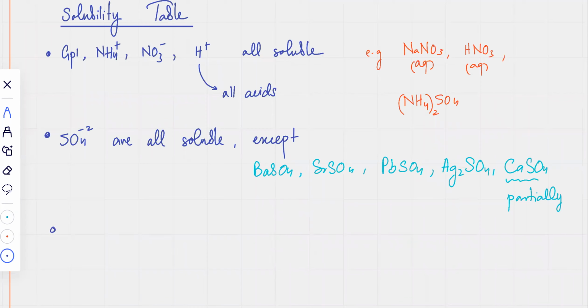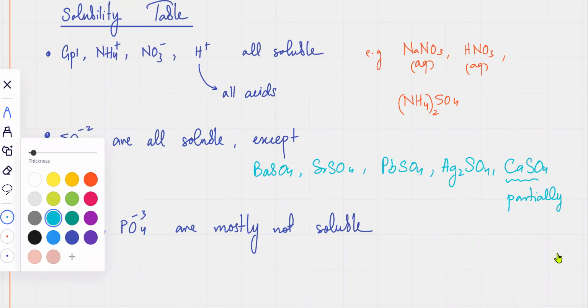So let's talk about carbonates and phosphates. So any compound that contains these two ions, because charges are now increasing, they are most likely not soluble. So they are mostly not soluble, but with plenty of exceptions.